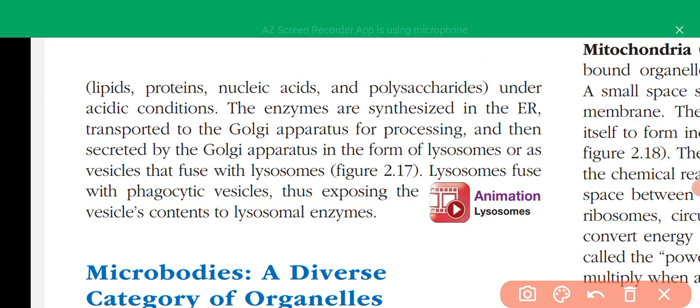When any food or substance is taken into the cell as a phagosome, a lysosome attaches to it and secretes its hydrolytic enzymes inside the phagosome, and digests the various chemical substances of the food.